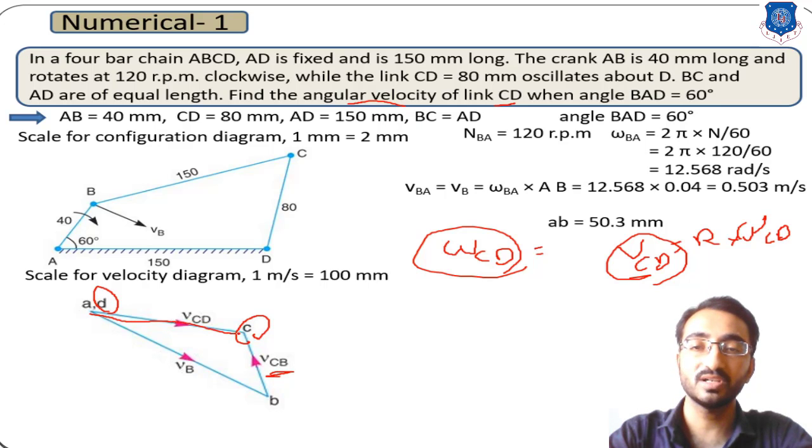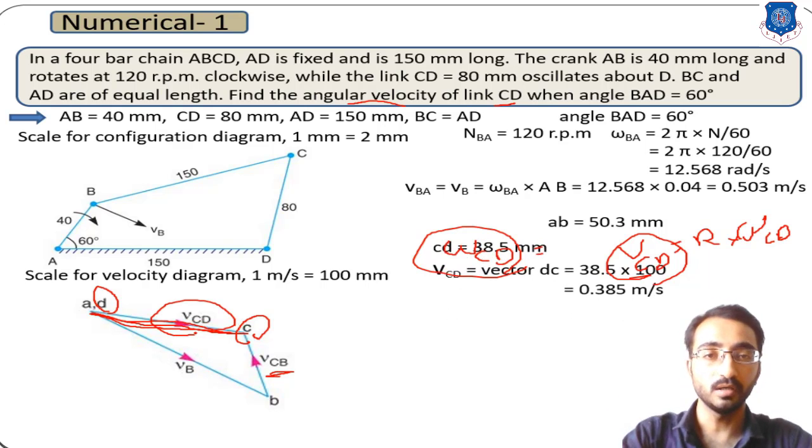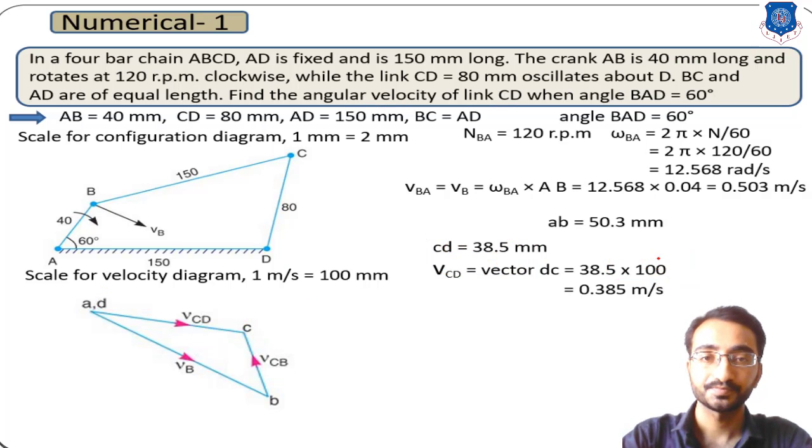You have to measure this length, which is representing the velocity of CD. If the length CD is equal to 38.5, then this vector CD is equal to 38.5 into your scale, which will give you 0.385 meter per second, the velocity of C with reference to point D.